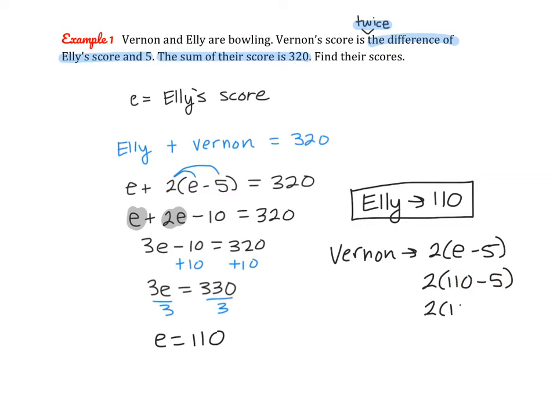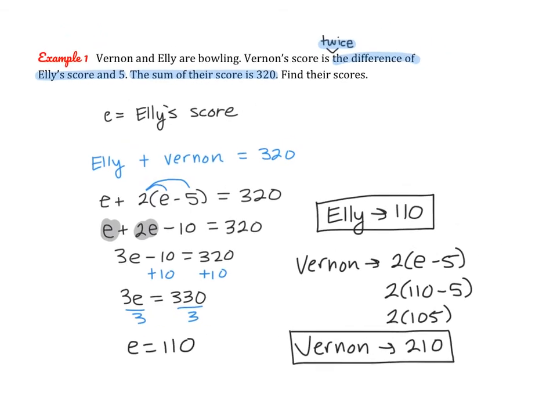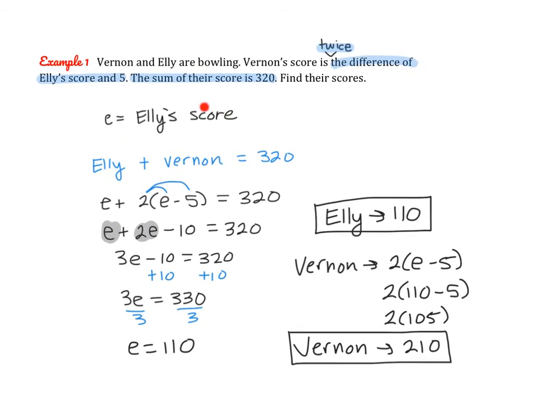So 2 times 105, which means that Vernon's score is 210. And there you have it. So again, we used desk. We defined our variable, we made our equation, we solved, and we gave a complete answer.